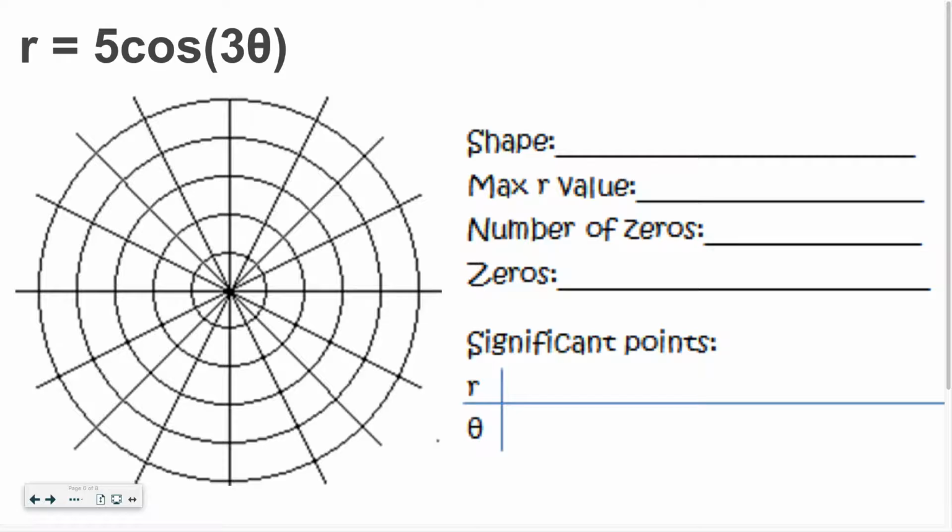So I just need you to have it for your notes. Make sure you have the 2 30-degree marks, the 2 45-degree lines, and the 2 60-degree lines.